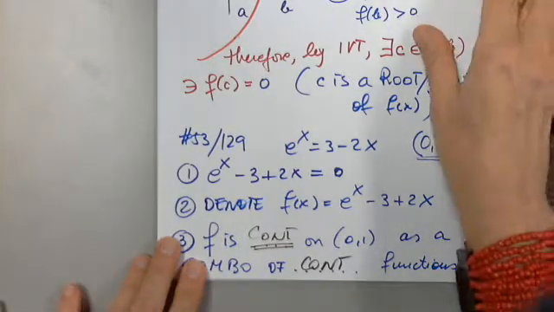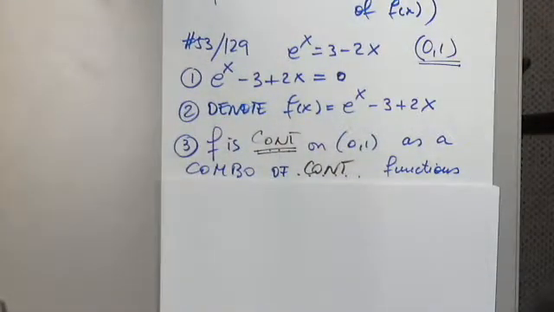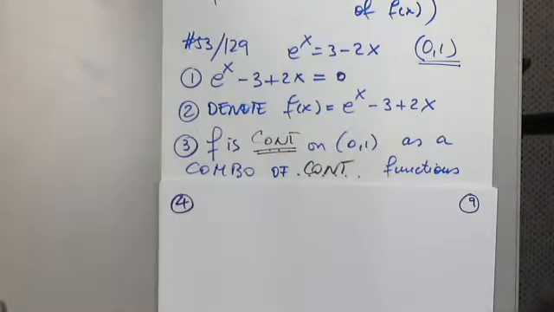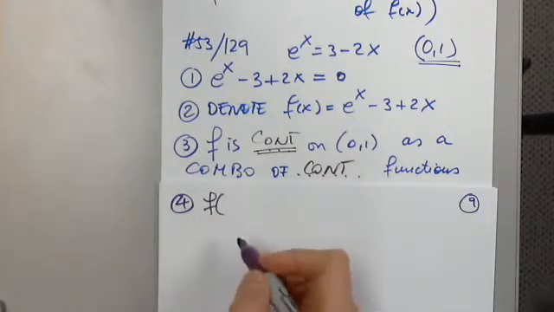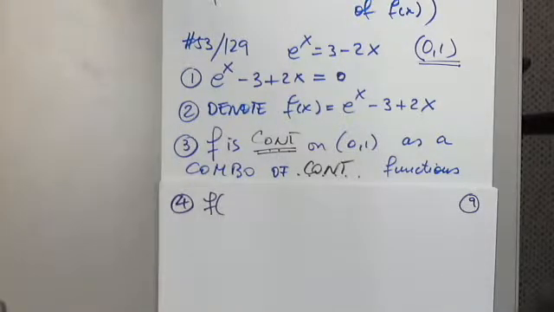Step 4. What do you think I will have to show and convince you in step 4? Without which I cannot make any conclusion. I have to convince you that f of... so we know the function, we know it's continuous, we know we are given the interval 0, 1, so I have to convince you of the last step, that the function does what on this interval?